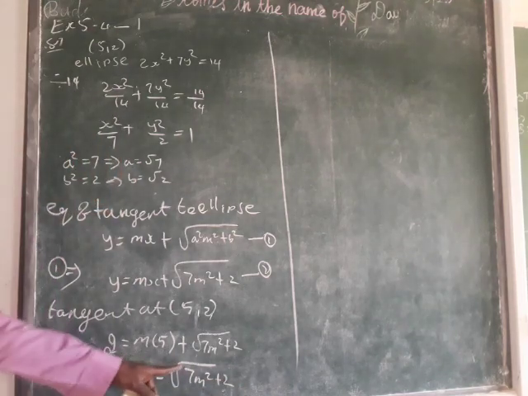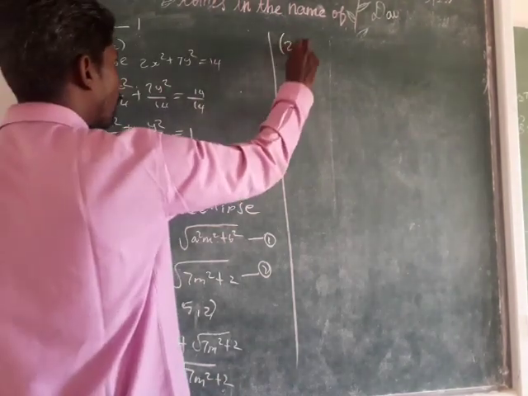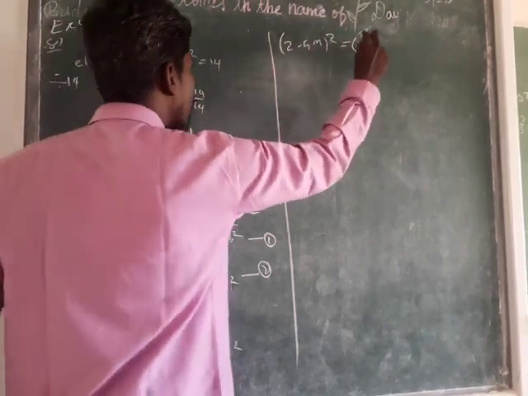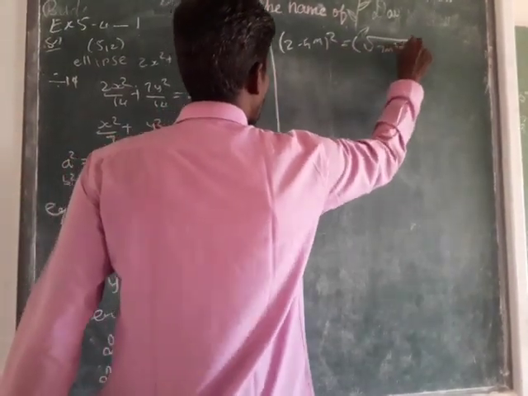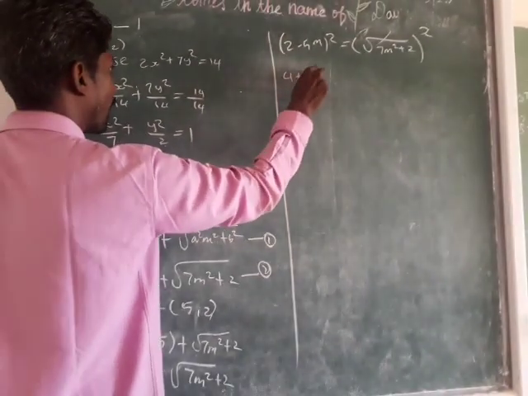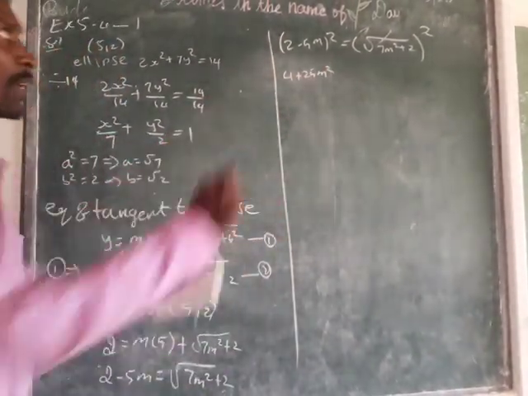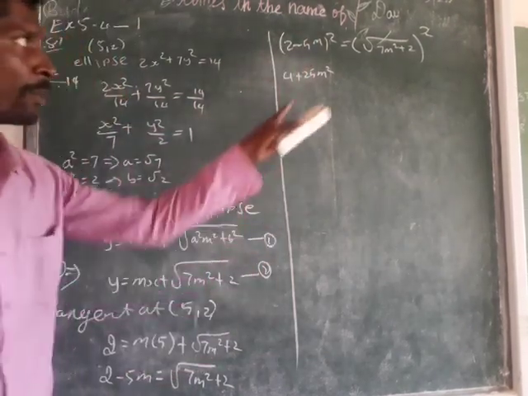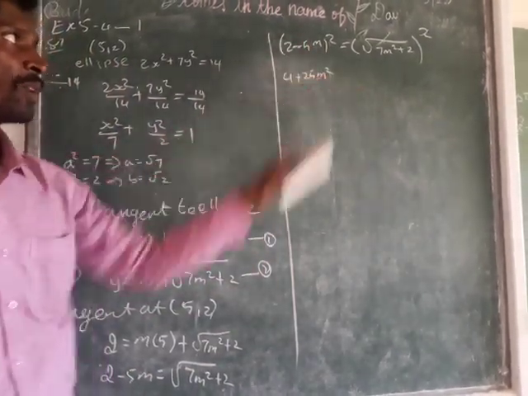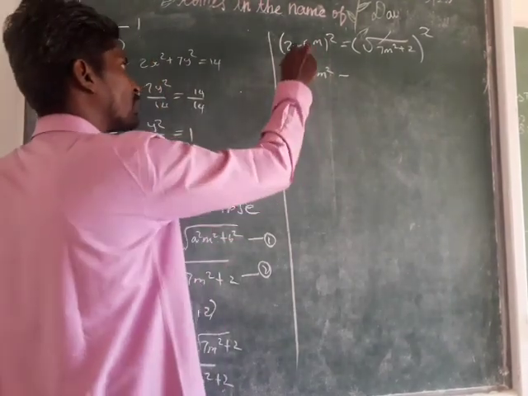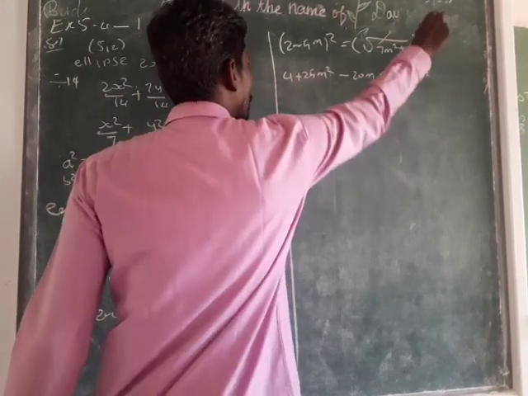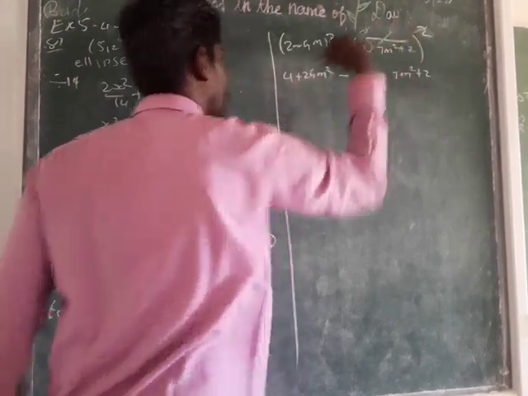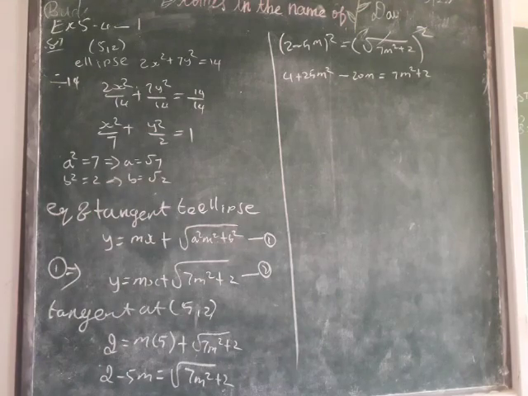To remove the square root, square on both sides. So (2 minus 5m) whole squared equals (square root of 7m squared plus 2) whole squared. Using the (a minus b) whole squared format, we get 4 plus 25m squared minus 20m equals 7m squared plus 2. The square and square root are eliminated.